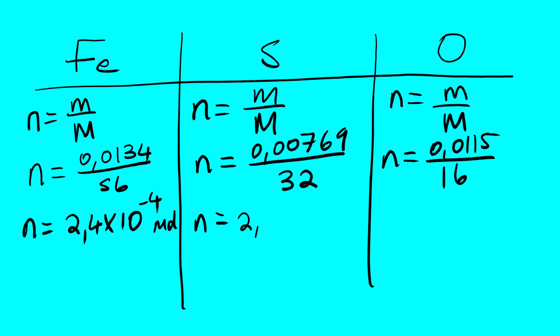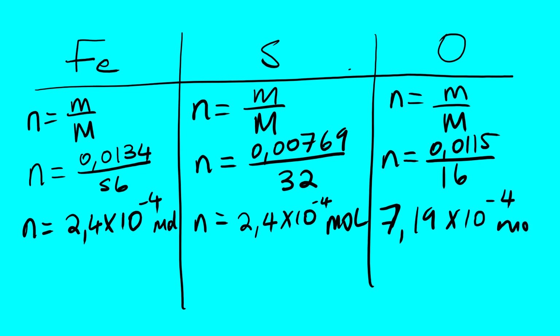We have 2.4 times 10 to the power negative 4 mole. Then the last one, which is oxygen, 0.0115 divided by 16. The answer should give us 0.19 times 10 to the power negative 4 mole.